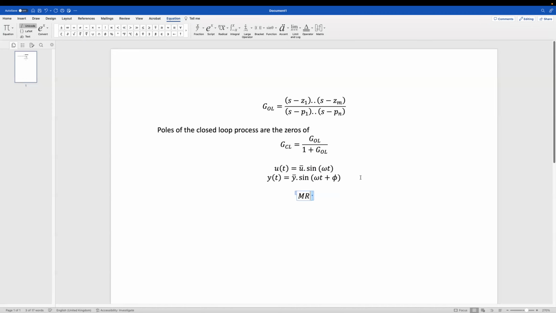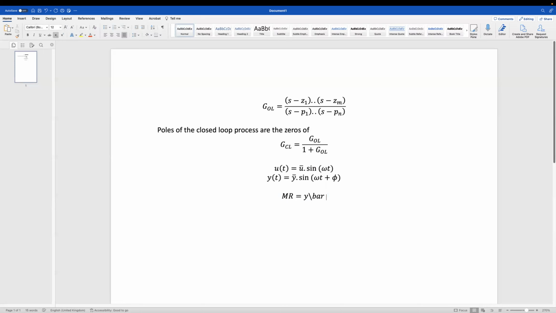So we'll call the magnitude ratio the amplitude ratio. So the magnitude ratio or amplitude ratio looks like this. So that's your magnitude ratio, and your phase angle.